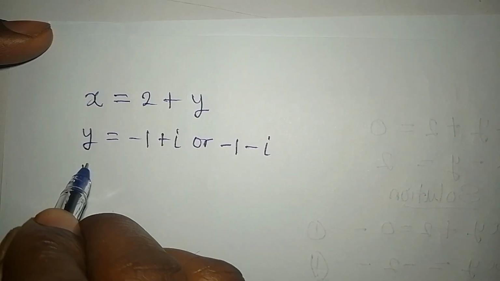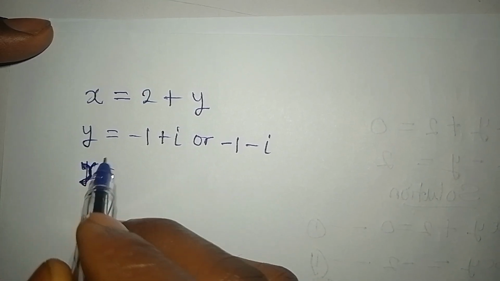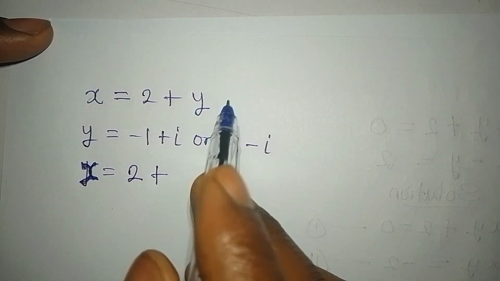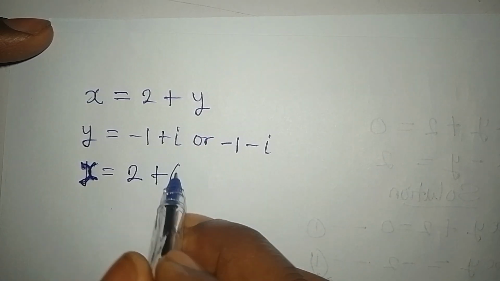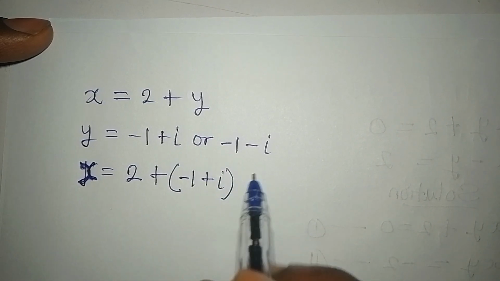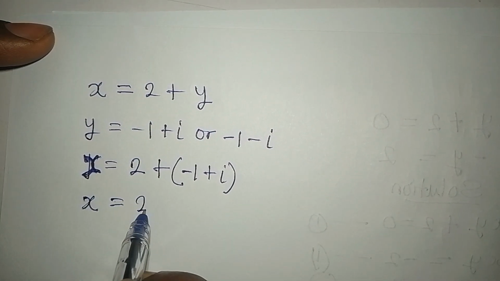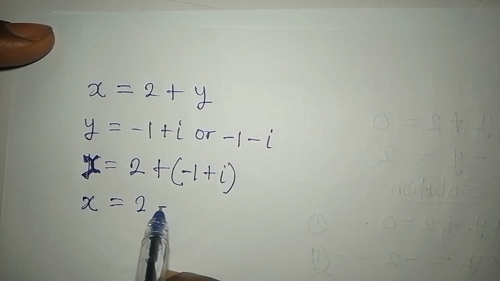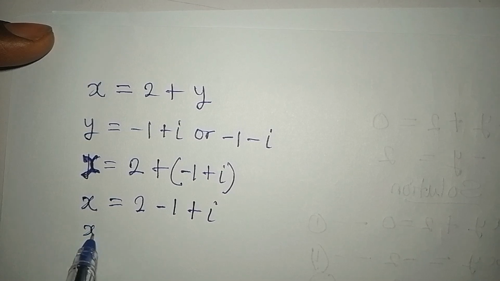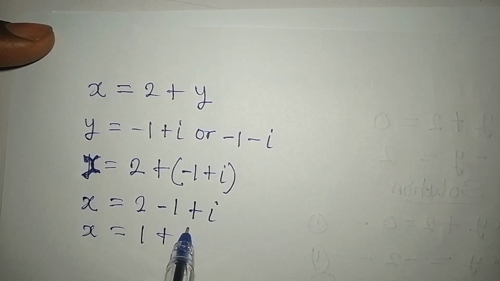X is equal to 2, then plus, in place of y, open bracket and write this, −1 + i. Now our x here is equal to 2. This multiplied by this will give us −1, then + i. So x is equal to 2 − 1 is 1, then + i.